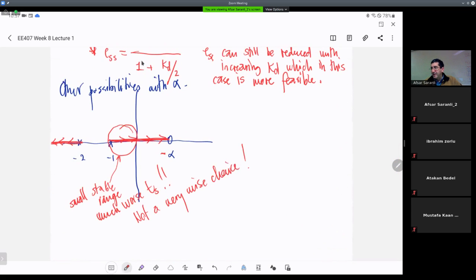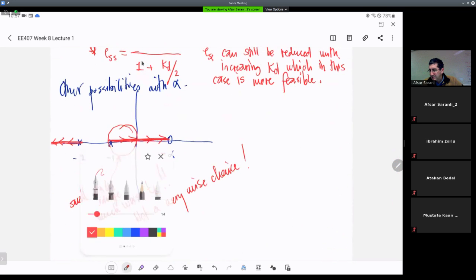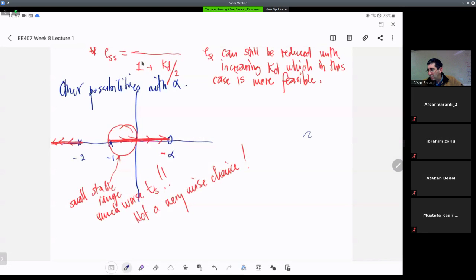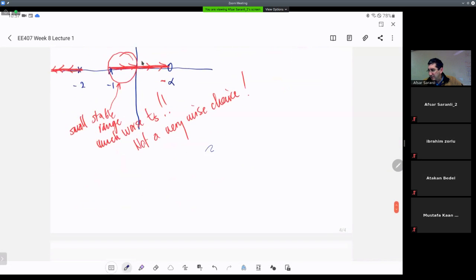Okay. Other possibilities exist with different types of performance consequences. For example, if you have -1 over here and -2 over here, let me make it a bit larger. Let's say -2 over here, and let's say minus alpha is over here.